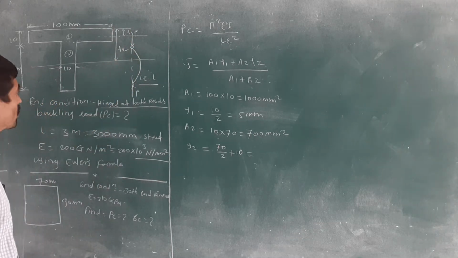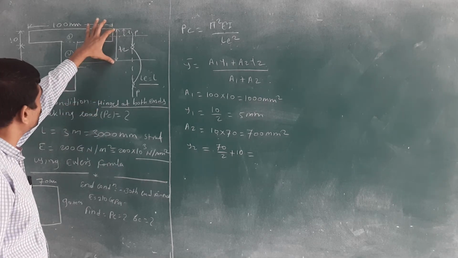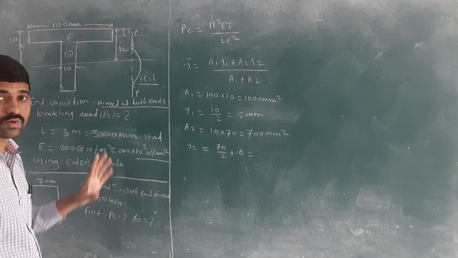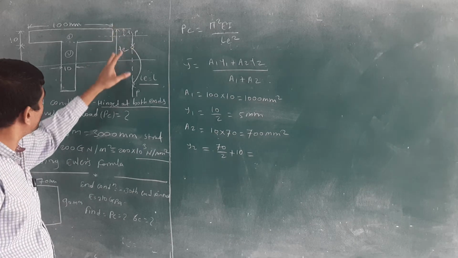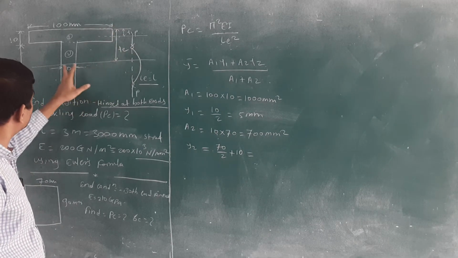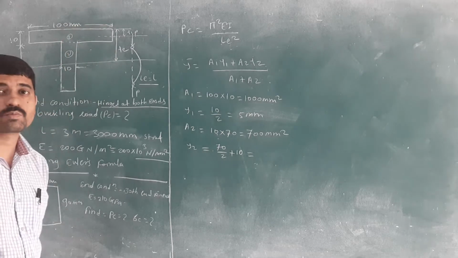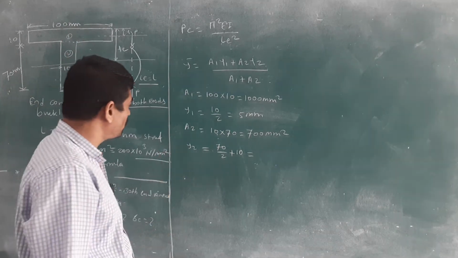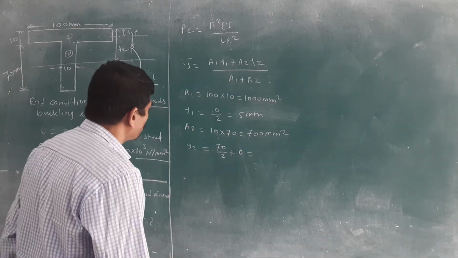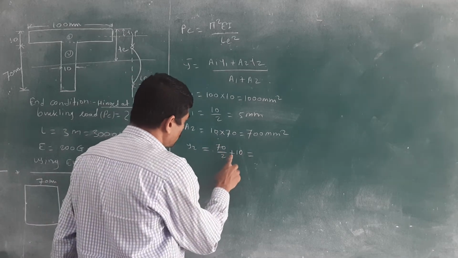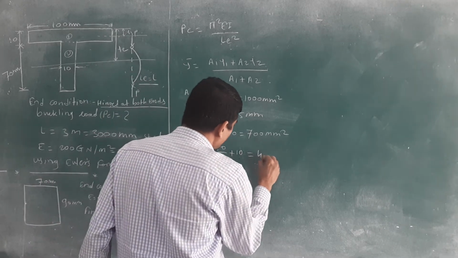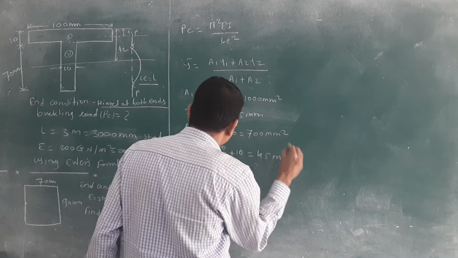From the top you have to calculate the distance of the centroid of that component. This is the meaning of y1 and y2. So 35 plus 10, you will get 45 mm.